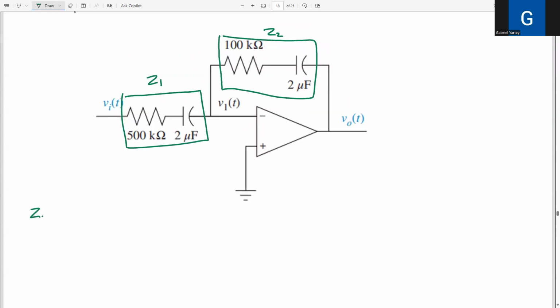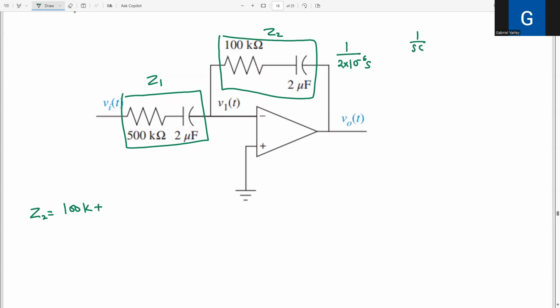So Z2 is equal to, and I convert the 100K to the Laplace, it's still the same thing, doesn't change. So 100K, and then plus there's a capacitor. When it's converted into the Laplace, the impedance is 1 over 2 times 10 raised to the power minus 6 S, because it's 1 over SC.